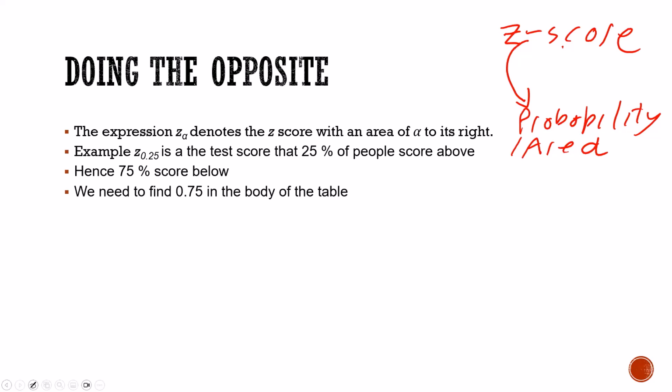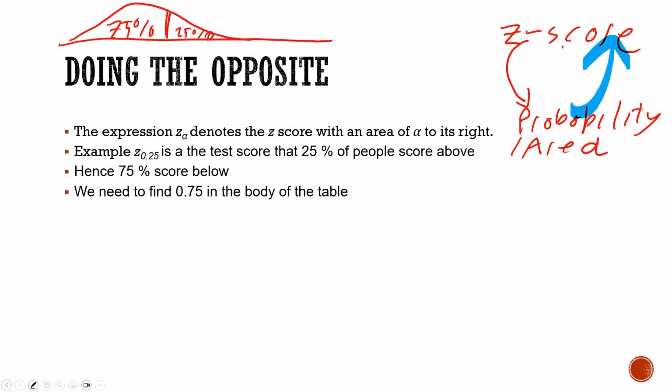I could also ask a different question. I could say, I want 70% of my area to be to the left, or in this case, 75. So here's my curve. I want to place my line so I have 75% to the left and 25% to the right. So we also need to figure out what this slide is doing. It's teaching us how to do this.